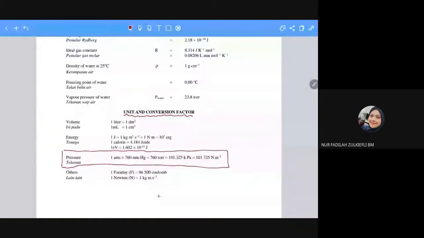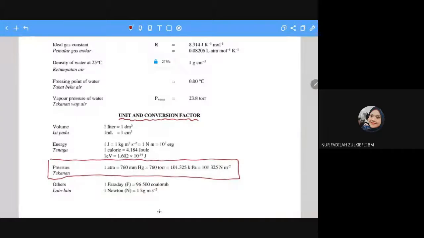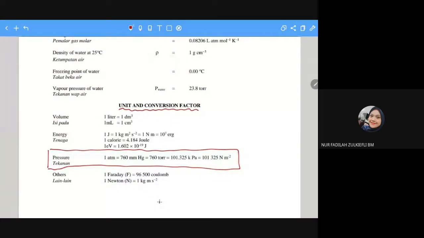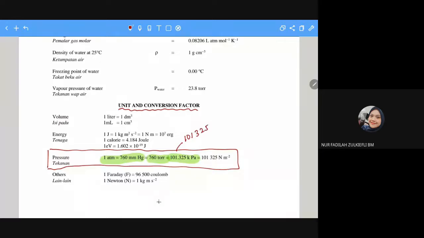Okay. So if we refer to this conversion factor, unit and conversion factor, so 1 ATM is equivalent to 760 mmHg. Okay, 1 ATM is also equals to 760 torr. 1 ATM is also equivalent to 101.325 kilopascal, aka 101,325 pascal.